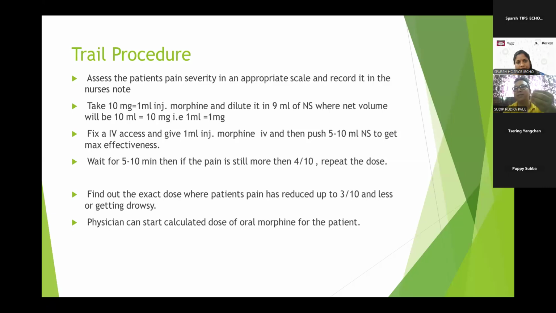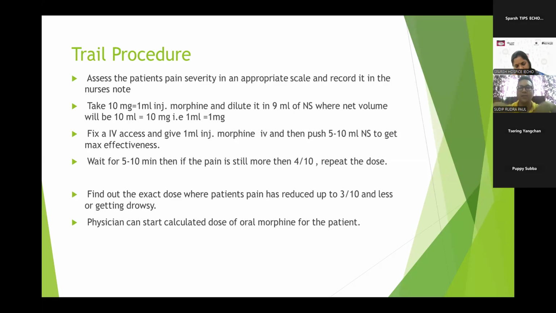Some of your injection morphine will remain in the cannula or the three-way, so it will be very difficult to understand the efficacy. So every time you give 1 ml injection morphine, you give a flush so that everything goes to the bloodstream.